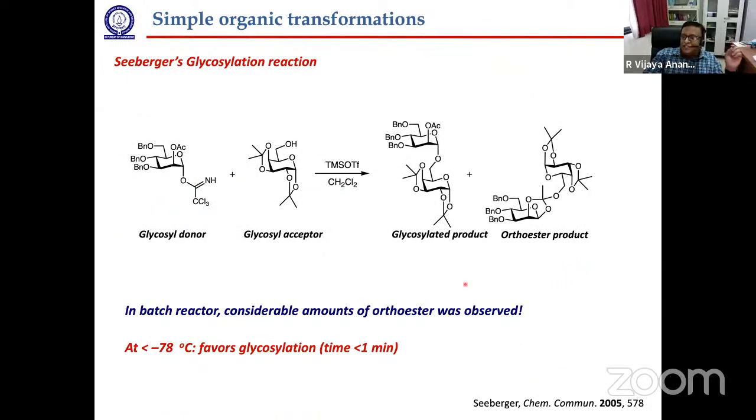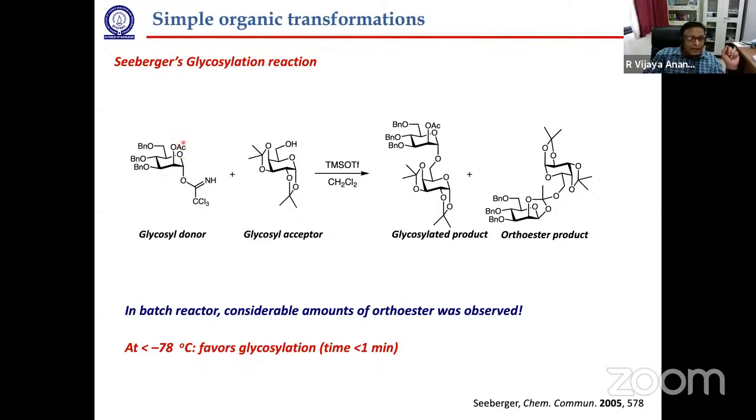Glycosylation reactions. So this is another important reaction in carbohydrate chemistry. There are two components here: one is the glycosyl donor, and another one is the glycosyl acceptor. In this particular case, the TMS triflate, this is trimethylsilyl triflate, coordinates with this nitrogen or this oxygen, and then it forms that oxonium ion.